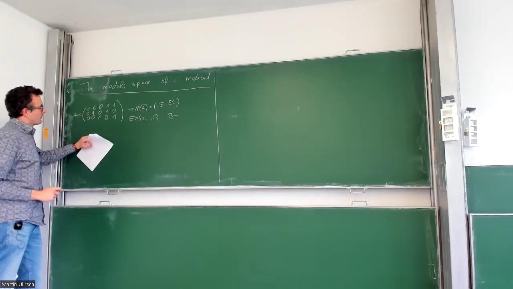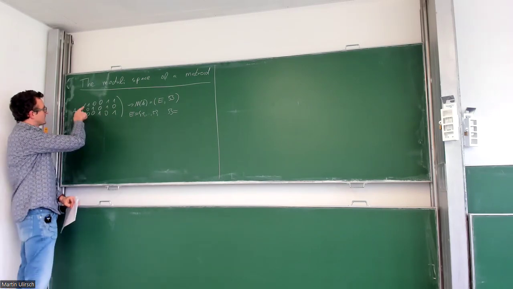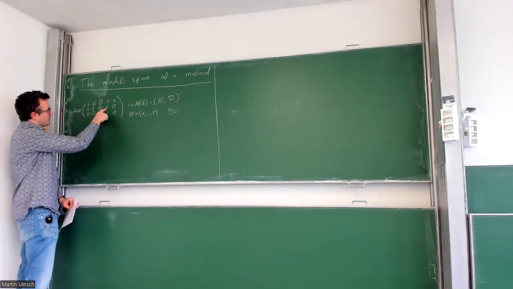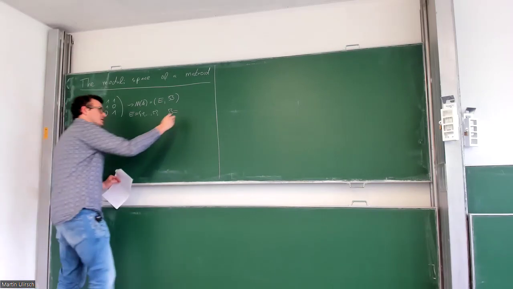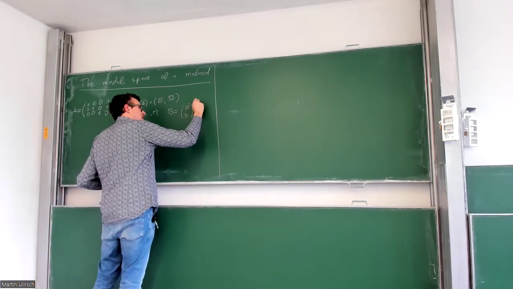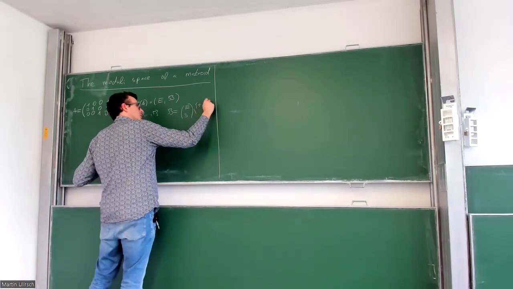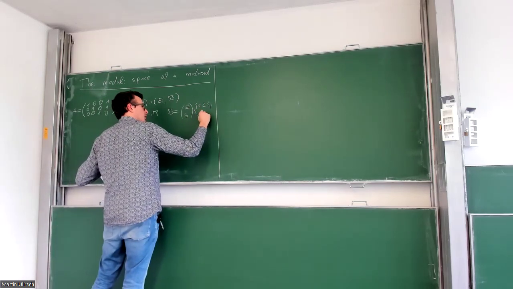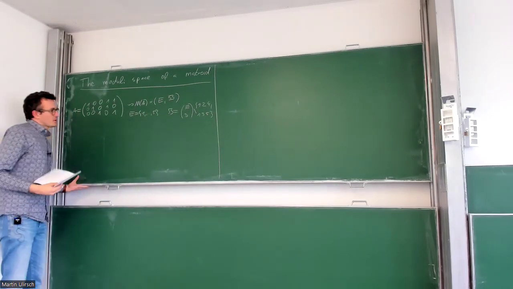So we see that almost all columns are independent except for two triples. The first, second, and fourth, and the first, third, and fifth columns are dependent. So it's just all triples except these two: 1, 2, 4, and 1, 3, 5.